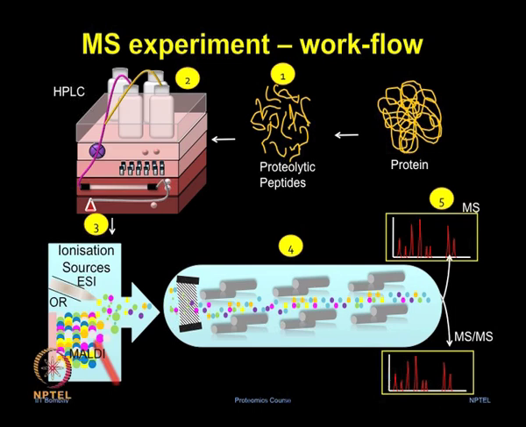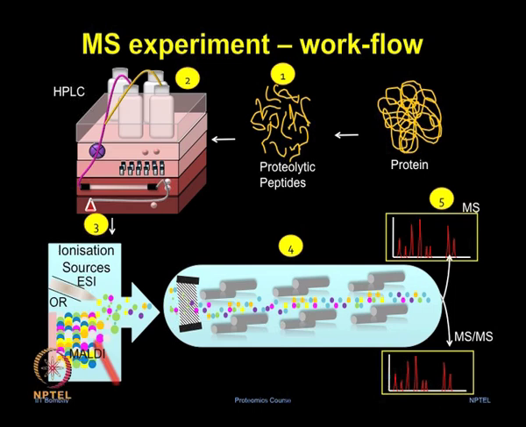The mass to charge ratio is measured in the mass analyzer, which is shown in step 4. Specific ions are randomly selected in the collision cell, and then based on collision induced dissociation, the resulting fragment ions are further measured in the second mass analyzer.